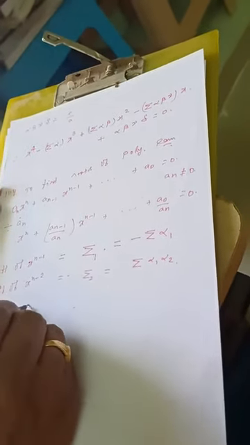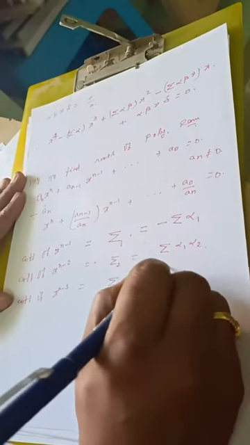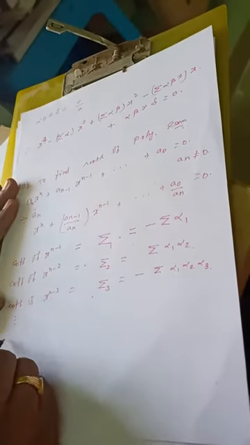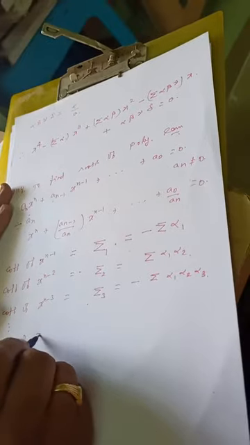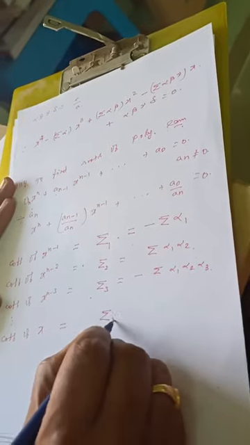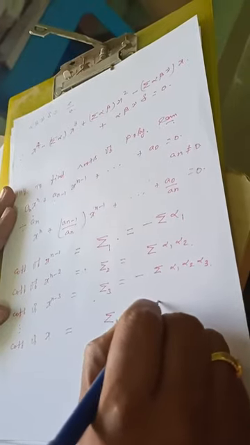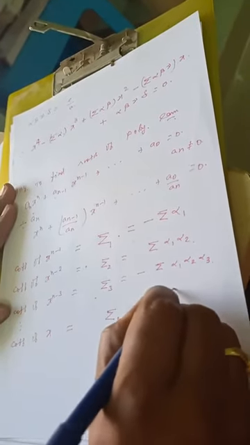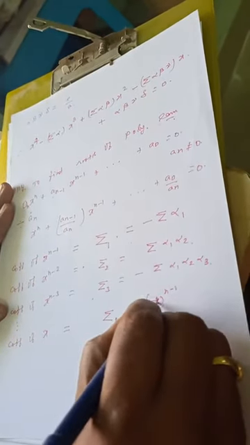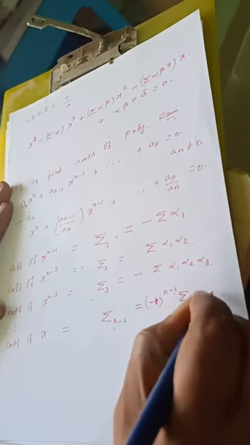The coefficient of x power n minus 3 is sigma 3, equal to minus sigma alpha 1 alpha 2 alpha 3, etc. The coefficient of x is, in general, minus 1 power n minus 1 into sigma alpha 1 alpha 2 etc. alpha n minus 1.